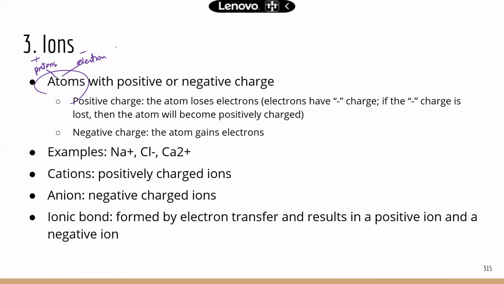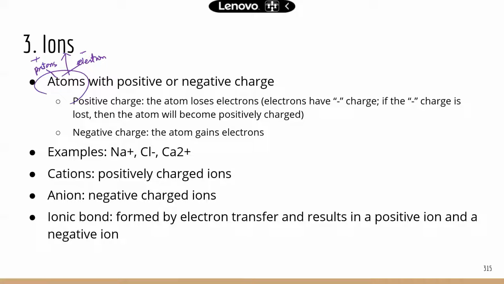But atoms may gain or lose electrons, and this is going to break that balance so that atoms are not neutral anymore. They may be positively charged or negatively charged. At that point, atoms will become ions.